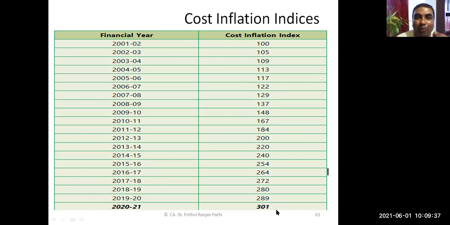So let us say you have acquired it in the year 6-7. So what will you do? You spend 2 lakh rupees, right? So 2 lakh divided by 122 multiplied with 301. Understood? Okay, so that's what we will do. You remember the figures.